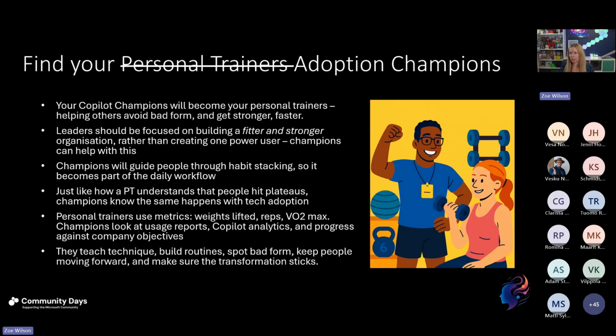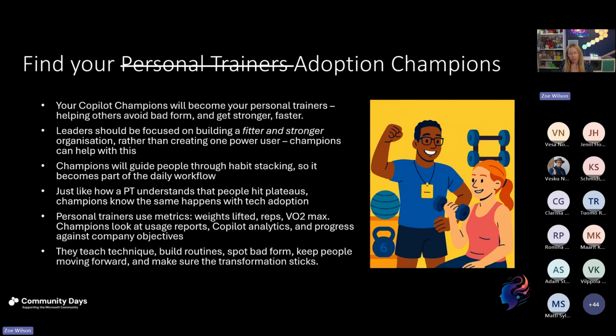But for Copilot, it becomes incredibly important because they will become like the personal trainers in the organization, the ones who are helping people in their part of the business avoid bad form, helping them get stronger, faster. And from a leadership perspective, the remit that they should give the champions is to focus on building this fitter and stronger organization.